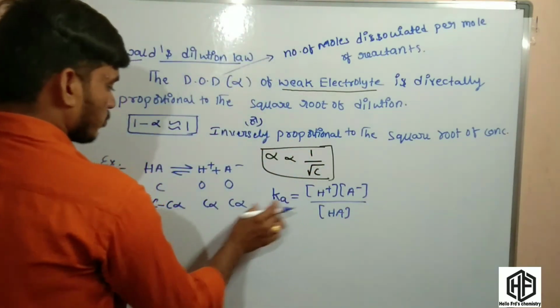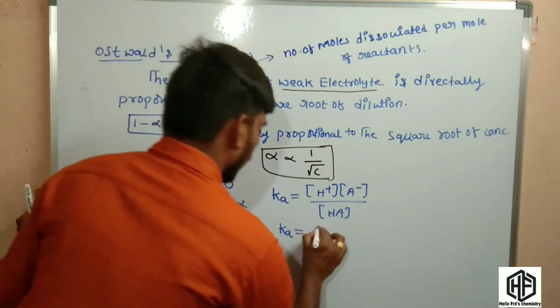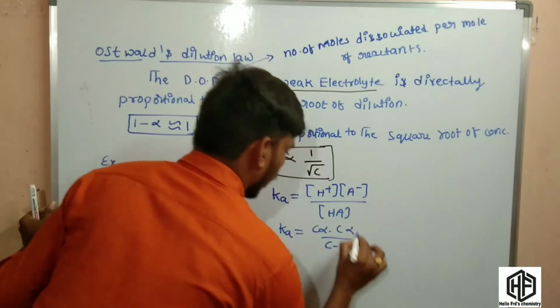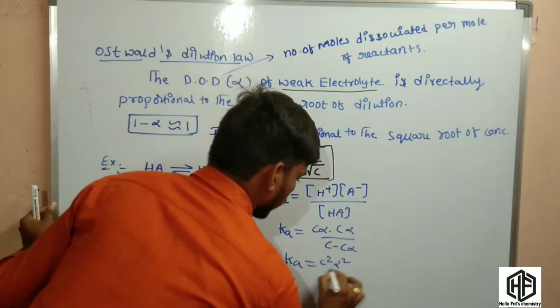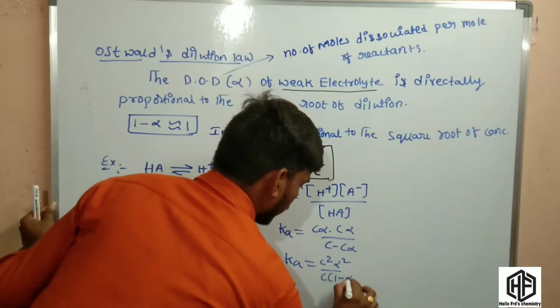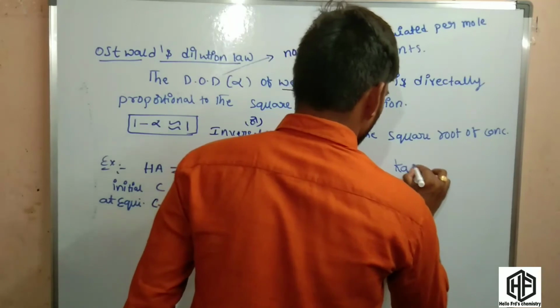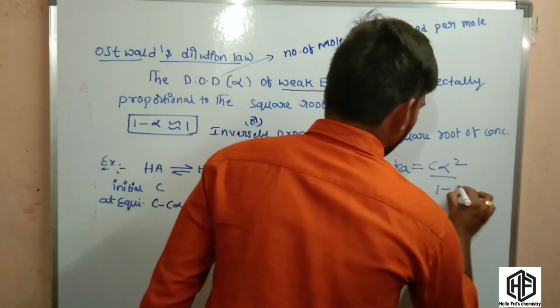Now we have to substitute these values in this equation. Ka is equal to C alpha into C alpha by C into (1 minus alpha). Now Ka is equal to C square alpha square by C into 1 minus alpha. C is cancelled. Now Ka is equal to C alpha square by 1 minus alpha.